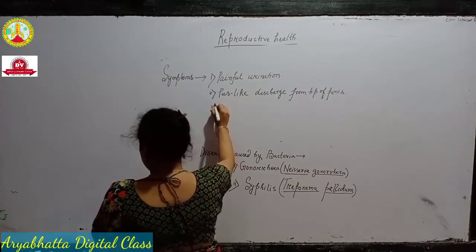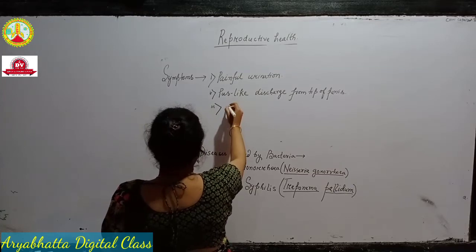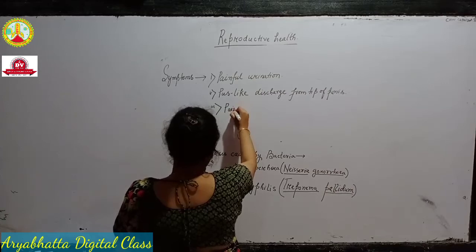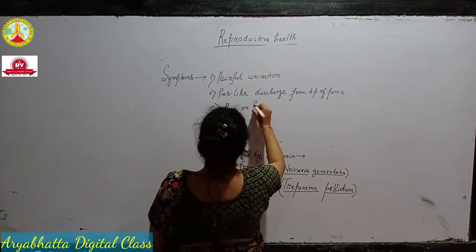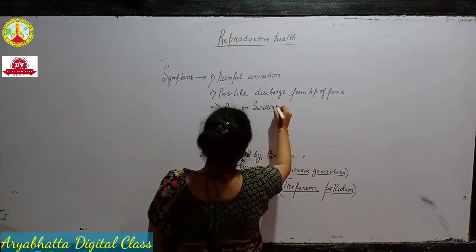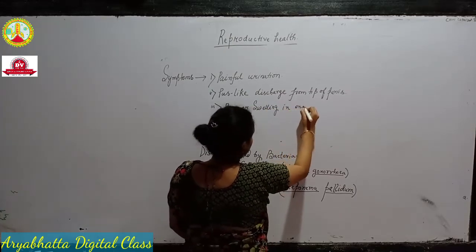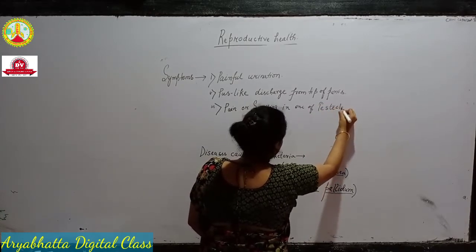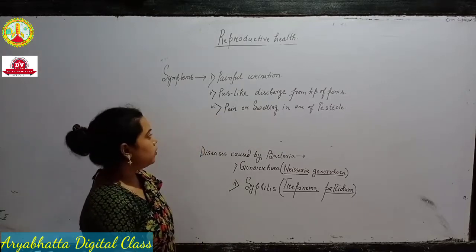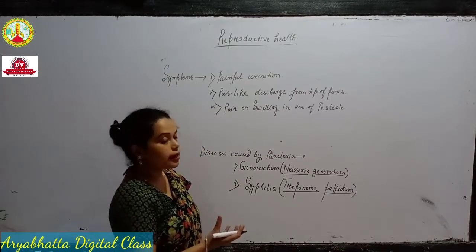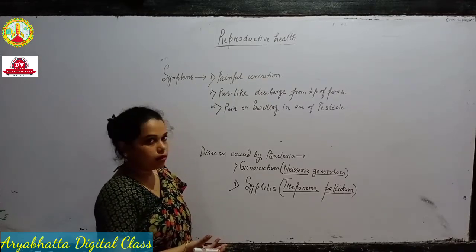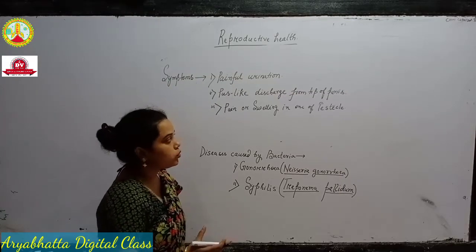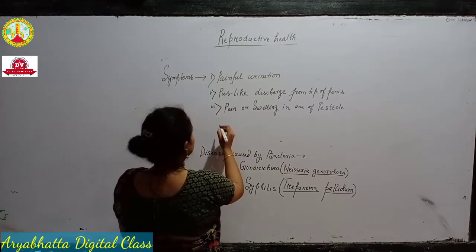Number 3, pain or swelling in one of the testicles, meaning testes. The testicle may swell and become bigger than the normal size, and there will be pain inside the testicle.